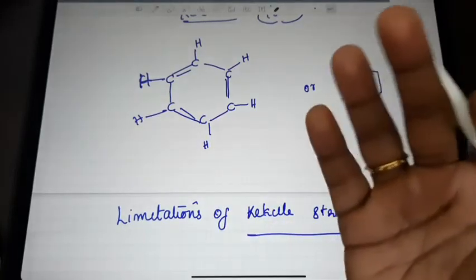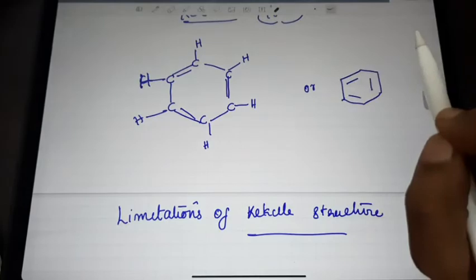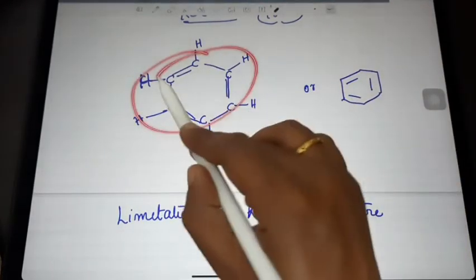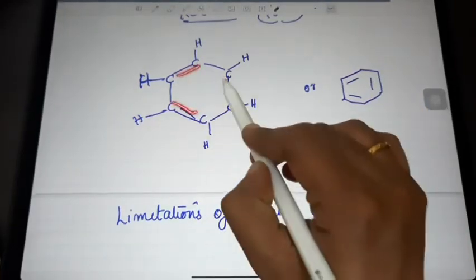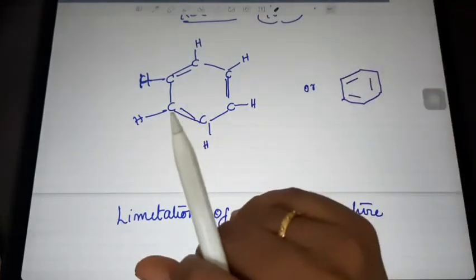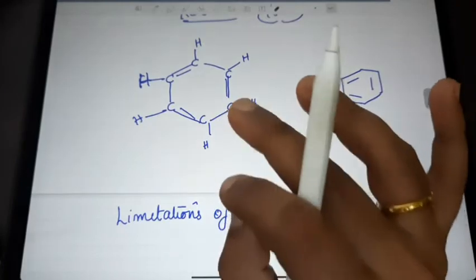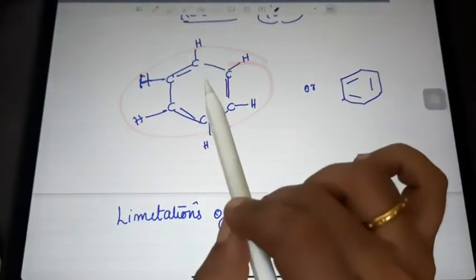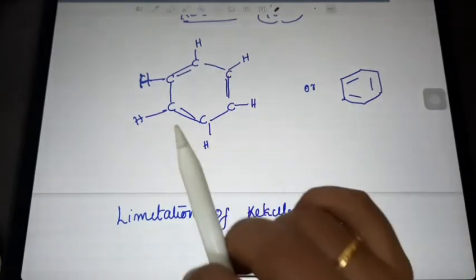That's why it does substitution reactions. So that is the first limitation. Benzene does not follow addition reactions even though it contains double bonds, and behaves as a saturated hydrocarbon. That's why we can say the Kekule structure cannot explain the peculiar behavior of the double bonds in benzene and also its unusual stability.